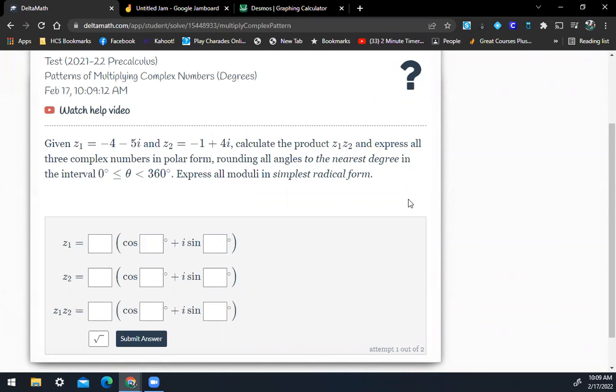Well, then you have tangent inverse of undefined. If tangent's undefined, what angle is that at? 270 or 90. Yeah. So if tangent's undefined, we know that we're at 90 degrees.